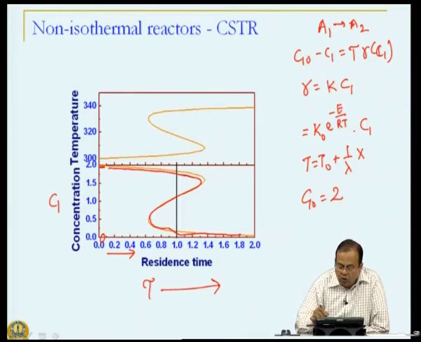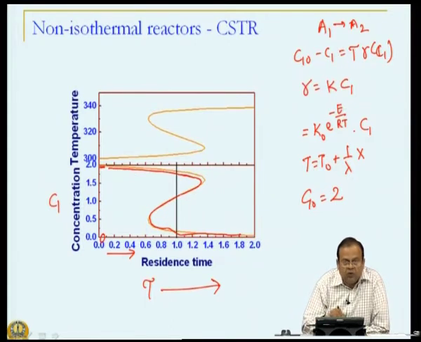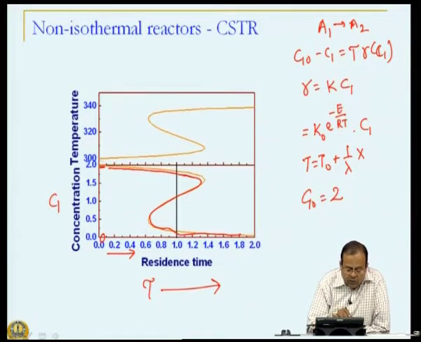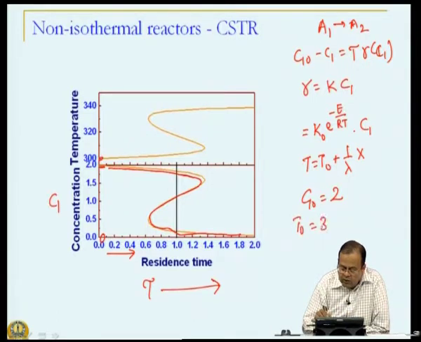Now, since our concentration is changing in this particular manner, we can write temperature, because temperature is related to concentration, and therefore temperature, for example, inlet temperature T naught, I have taken it as 300.